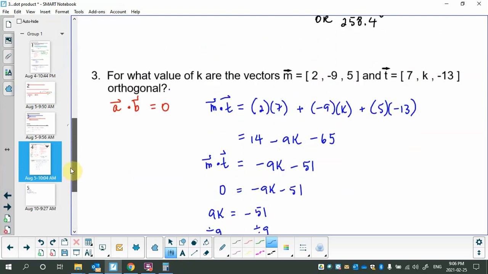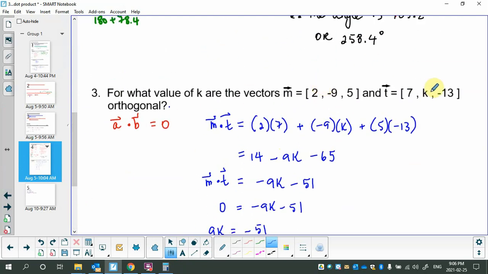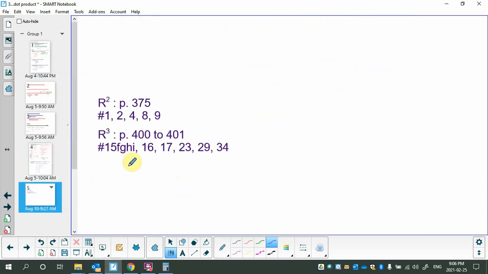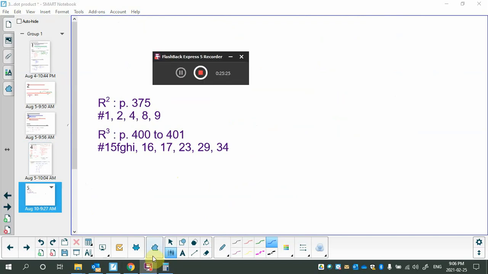That is the only k value that's going to make these two vectors 90 degrees to each other. All right, so that's the stuff. Again, with the R2 and R3 split, so that you're working with both sets of formulas. And that is all for dot product for now.